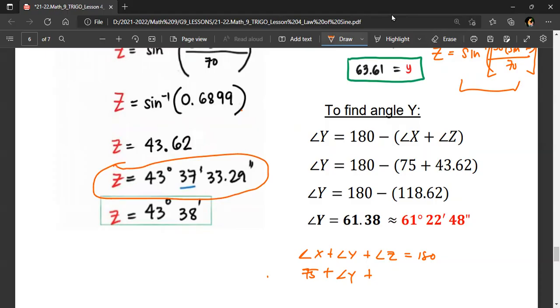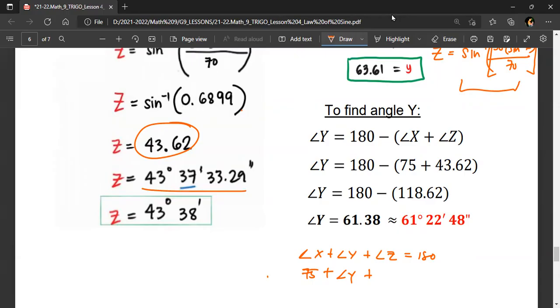Therefore, 43 degrees, 37 minutes, and 33.29 seconds must be used for angle Z. Or if you are having difficulty, you can easily use the decimal format, which is the same. Instead of writing this converted angle, you may use 43.62 for easier writing of numerals, and is equal to 180.